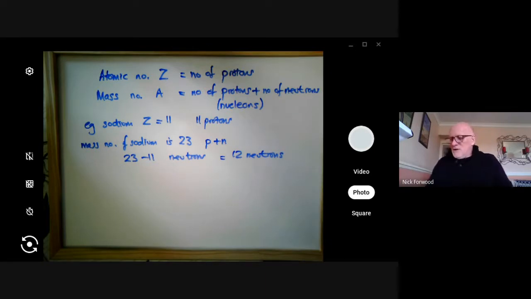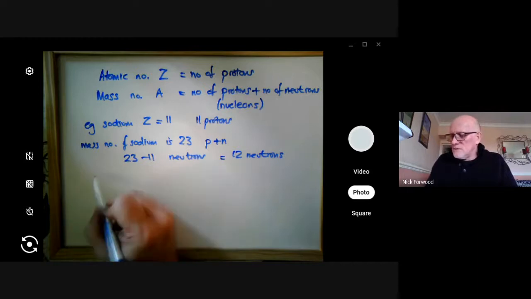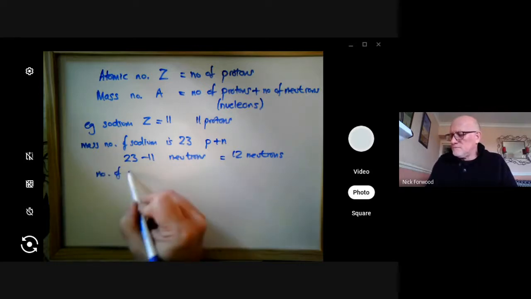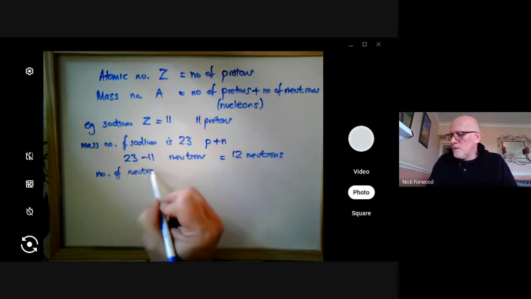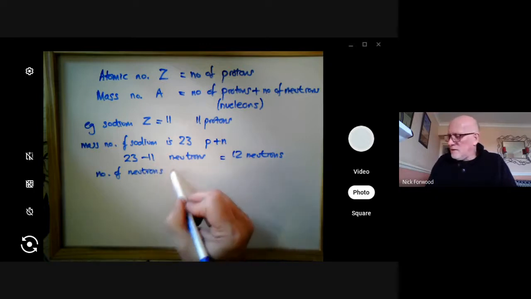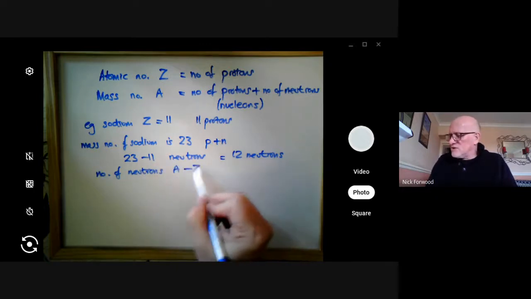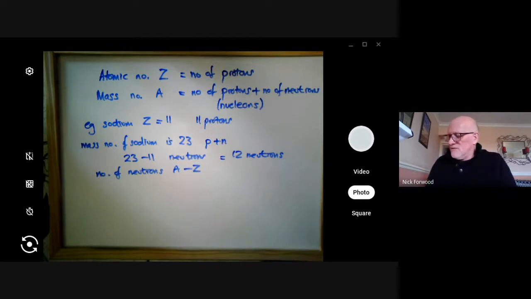Okay, so the number of neutrons is always our mass number A, take away our atomic number Z for any element. Okay, so if we look at sodium, we can actually put all this information about sodium into what's called a bit of notation.